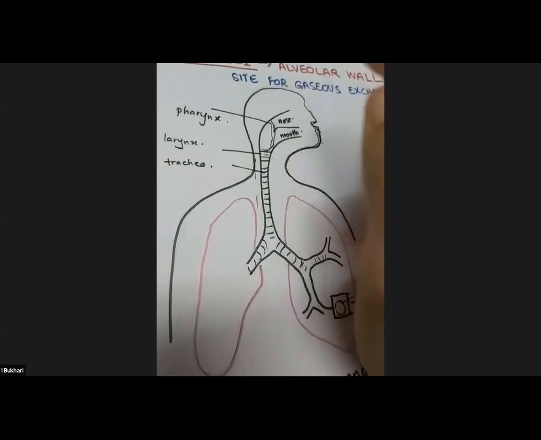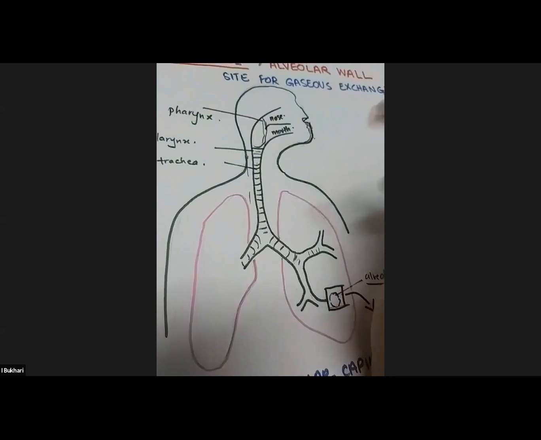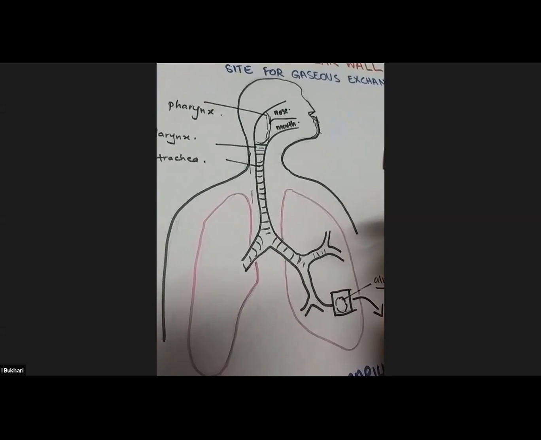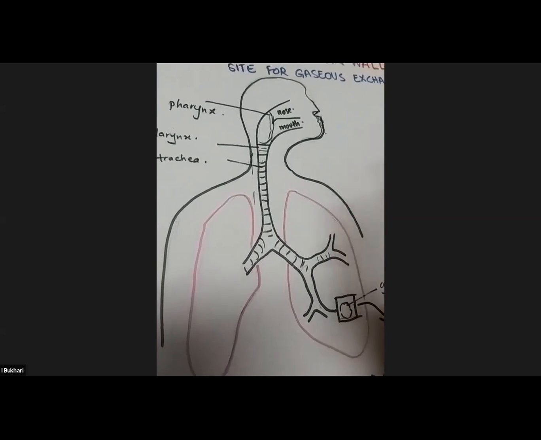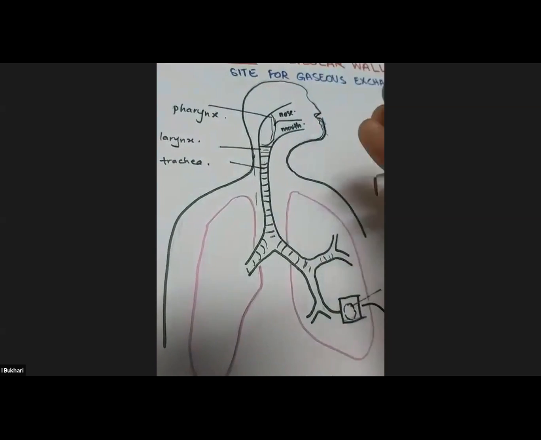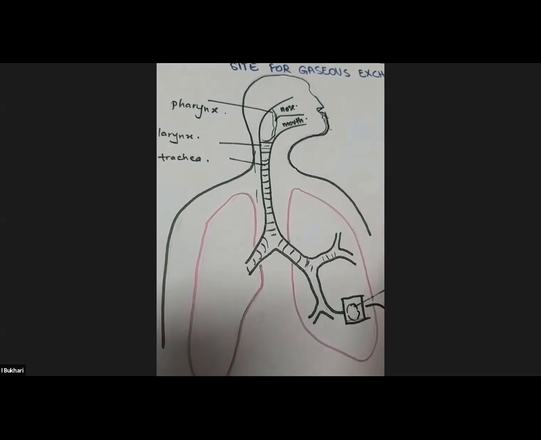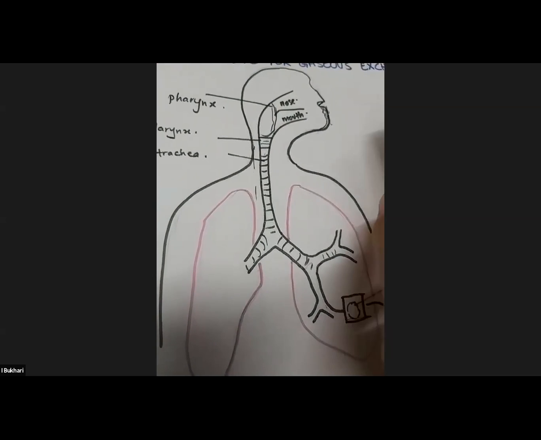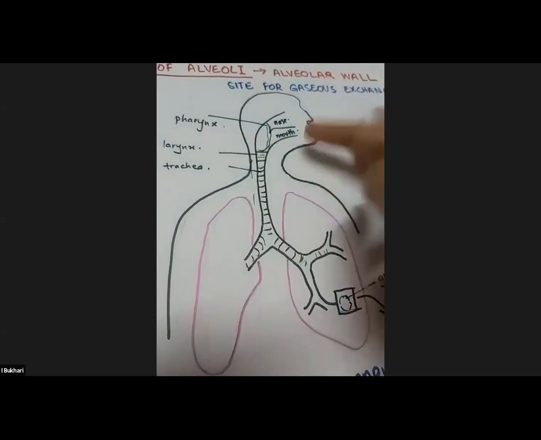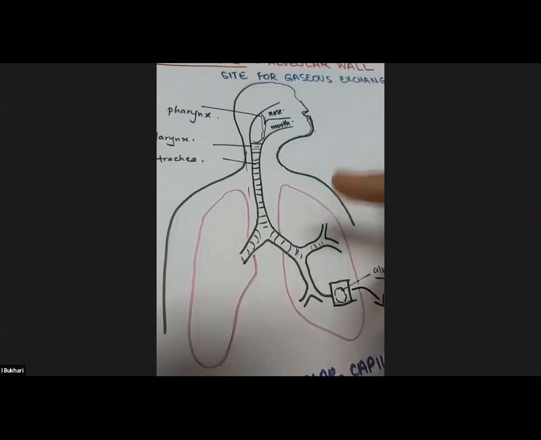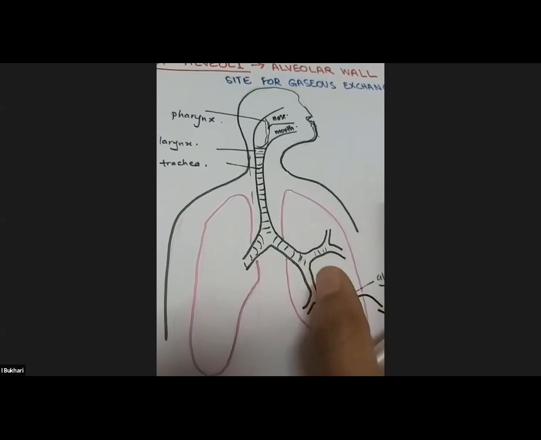See, if you look at the definition of diffusion, it is the spontaneous movement of particles. What does spontaneous mean? Meaning without the influence of any external force, on their own, just only due to the concentration gradient. The movement of the particles only due to the concentration difference is called diffusion.